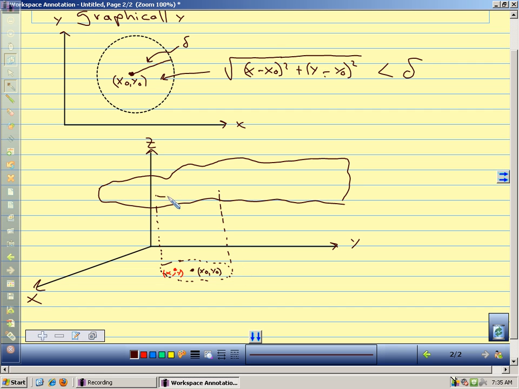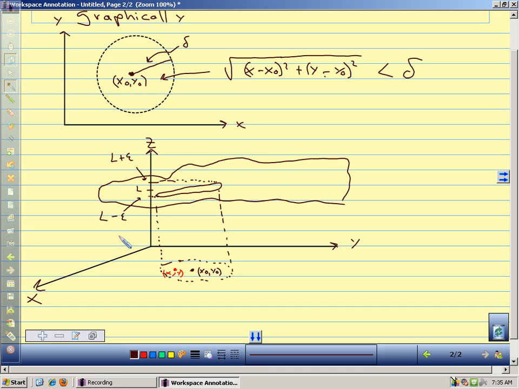So we get some kind of shape up here. Now if I project this over onto the z-axis, the maximum value of the function here and the minimum value here. Here's my limit. This point is L plus epsilon, and this point down here is L minus epsilon.